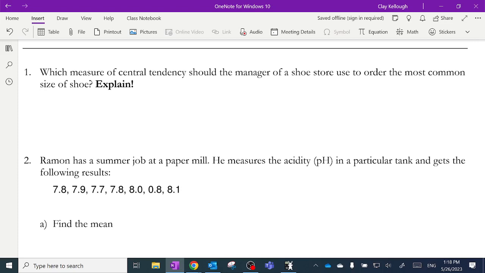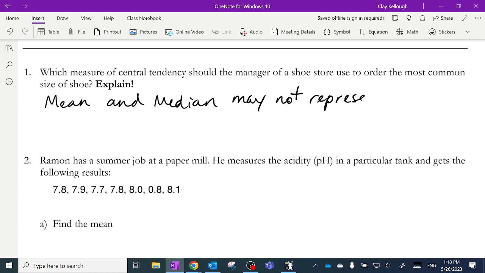So mean and median, I mean, they might represent the center of my data, but mean and median may not represent his most common size sold.